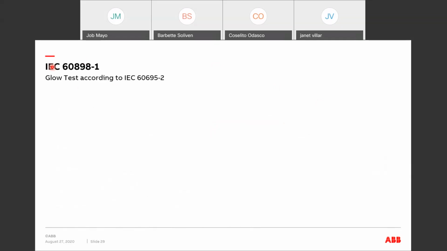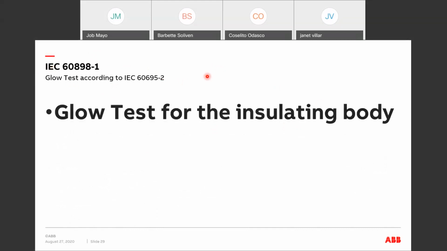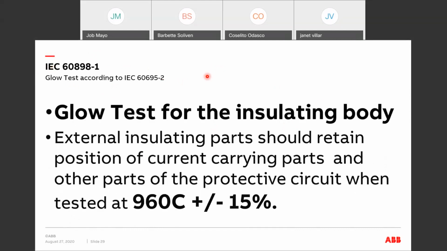Another test procedure under 60898-1 is the glow test, which is according to IEC 60695-2. The glow test is basically for the insulating body of the miniature circuit breakers, and the external insulating parts should retain the position of current carrying parts and other parts of the protective circuit when tested at 960 degrees plus or minus 15%.